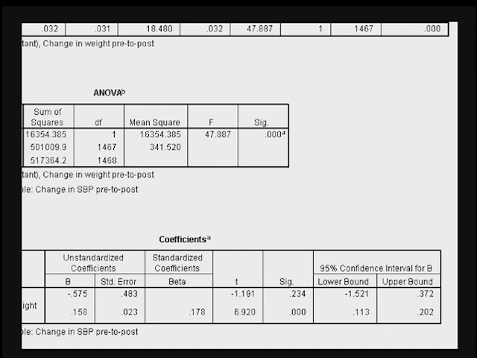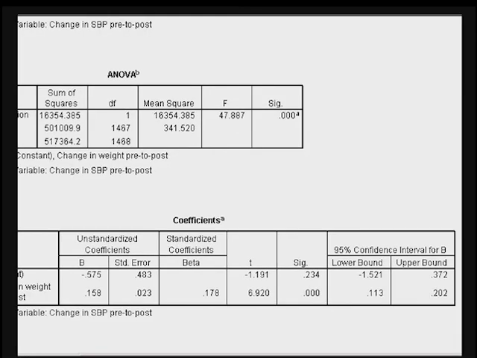in weight change. On the other hand, since the coefficient has a positive sign, in other words, it's not a negative 0.158, just as you see with the constant, but it is in fact a 0.158, that means it is a positive correlation. So when you have an increase in weight, you have an increase in the blood pressure.